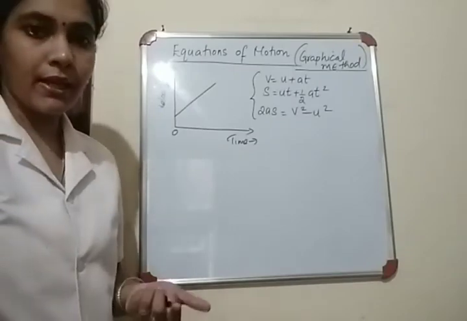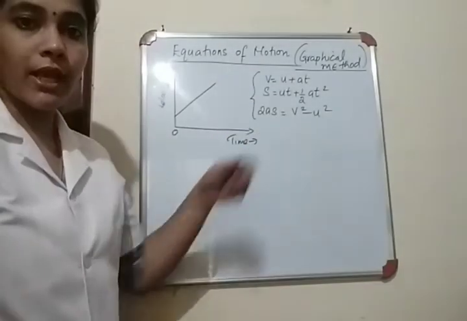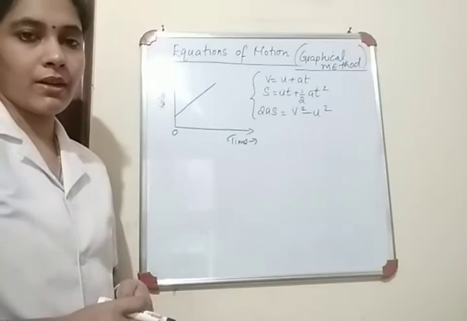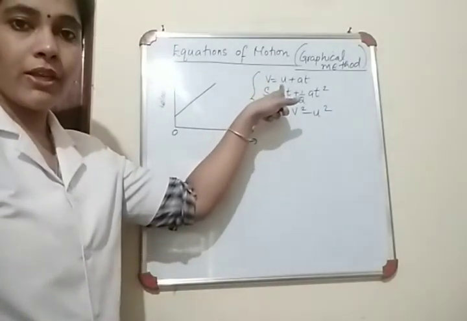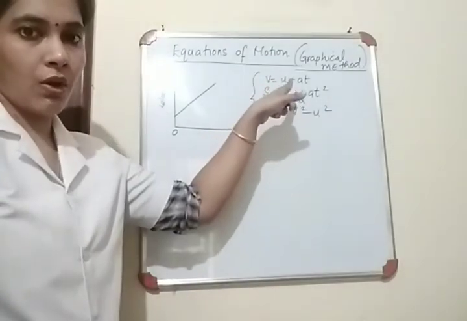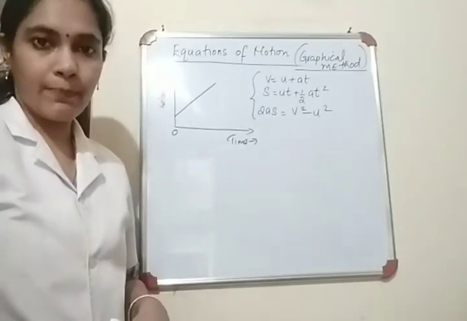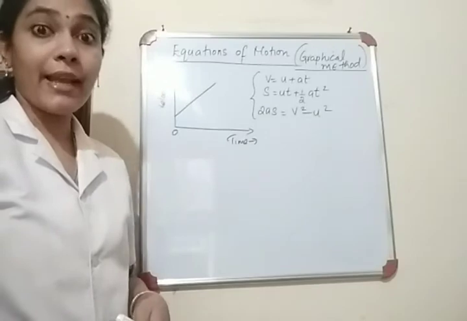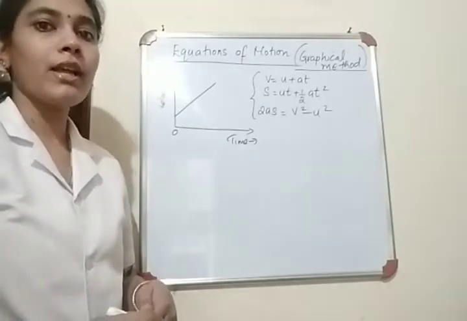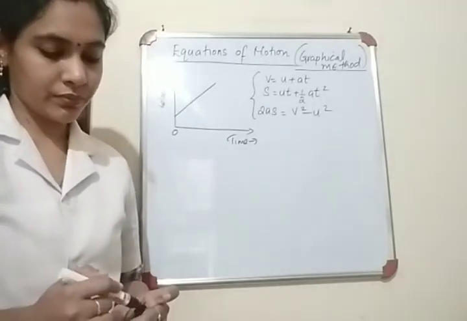And we have to study the derivations of these three equations of motion one by one. So let's discuss the derivation of the first equation of motion. Children, be ready with your notebook and pen and note down the lecture notes of this derivation so that it will be helpful for you.